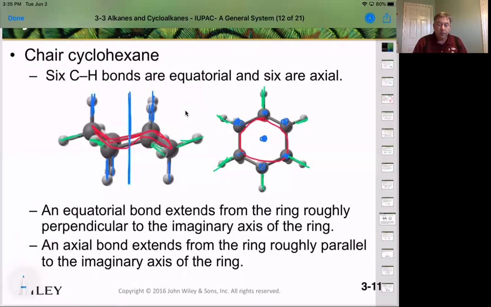So in this lowest energy chair conformation, we have 3 hydrogens pointing up with the axis and 3 pointing down with the axis. Those are the axial hydrogens. Then we have the remaining 6 pointing out around the outside, which we call the equatorials. Whenever we have a substituent on this ring, we want to try to put it in the equatorial position, if at all possible.